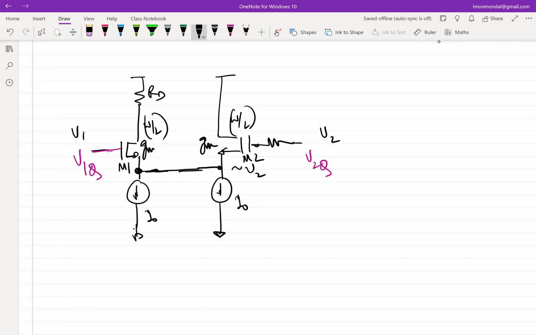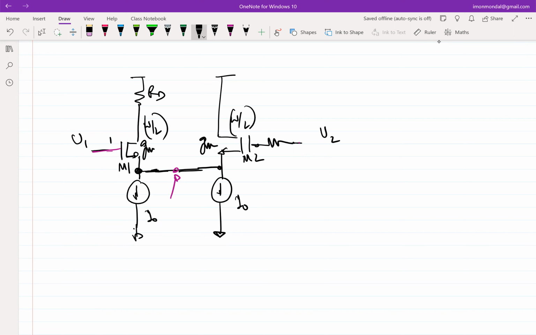Okay. So if that happens, incrementally, what will be the voltage at this point? You can do this using superposition. So you assume there are two inputs, V1 and V2, and use superposition.